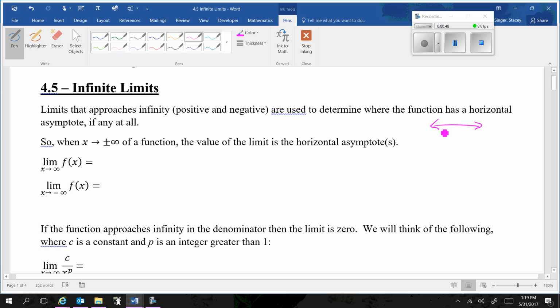So when x approaches positive or negative infinity of a function, the value of the limit will be the horizontal asymptote. And when there's a horizontal asymptote, it will always be y equals the asymptote value.